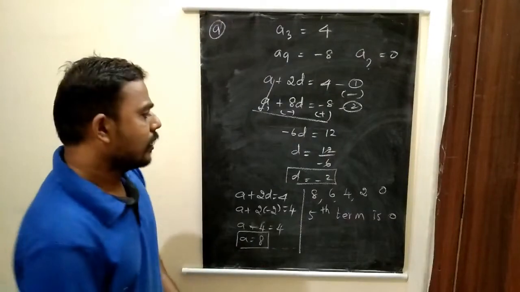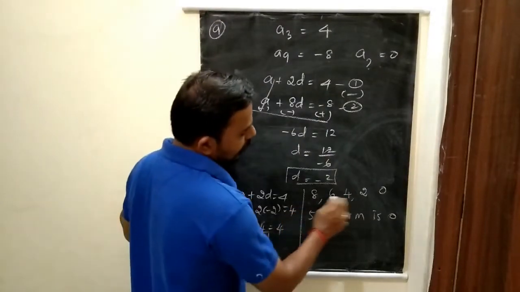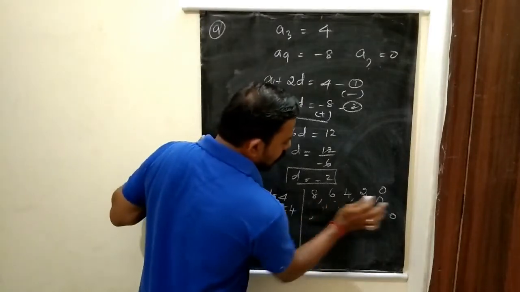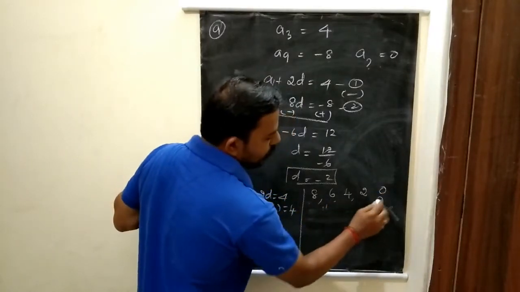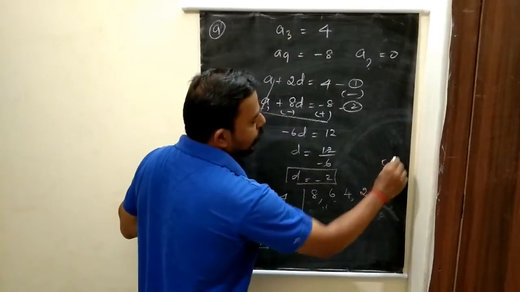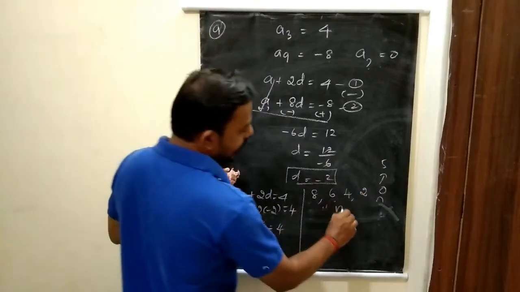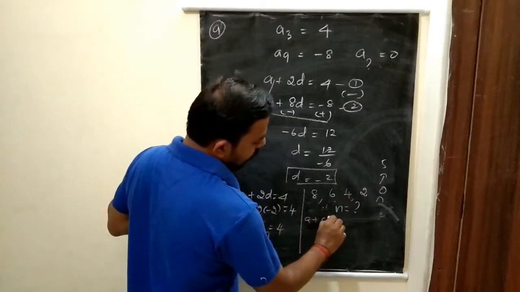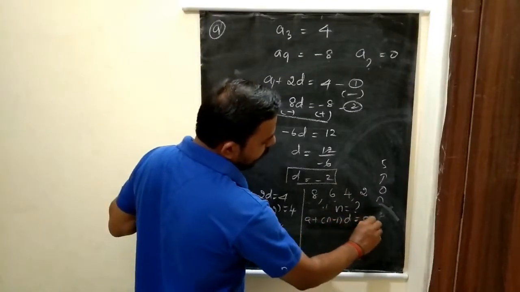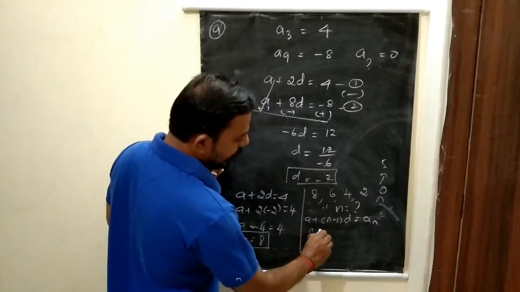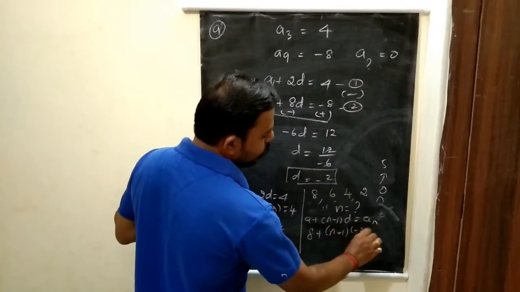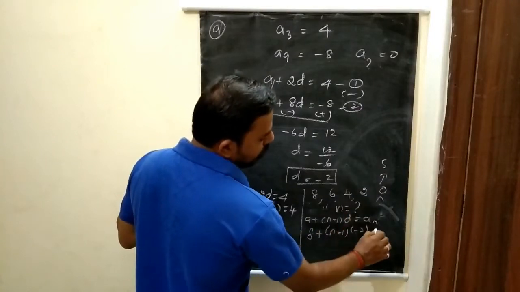In another way, consider the A value and D value, and consider this is the nth value. So the nth value is given as 0. We need to find n. So a plus n minus 1 into d equal to an. For that, a value is 8, n we need to find, d is minus 2 and an equal to 0.